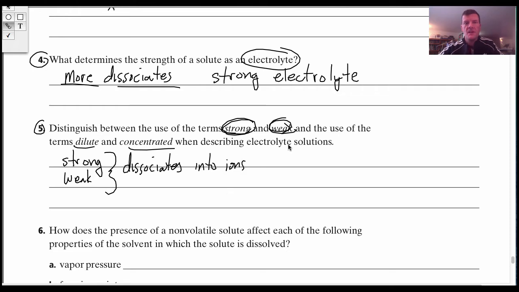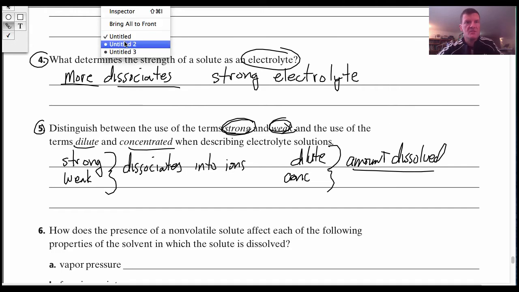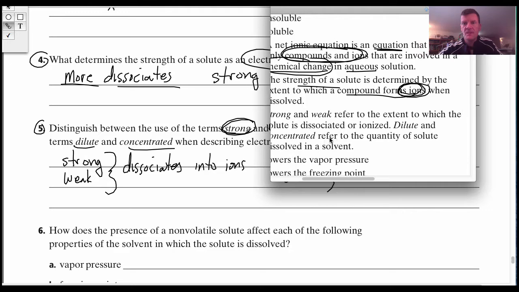All right, and dilute and concentrated, these refer to the amount dissolved. Okay, but remember, sugar dissolves, but it doesn't dissociate. Ionic compounds dissociate. Okay, let's just check and see what this is saying here.